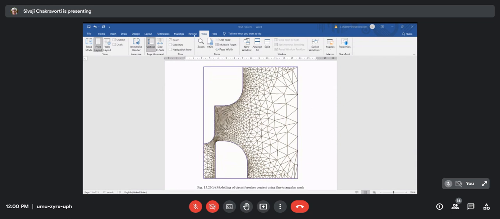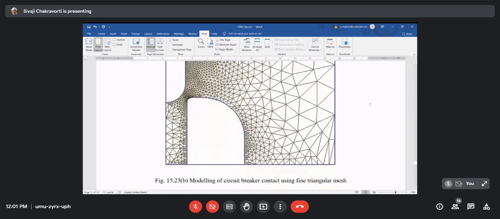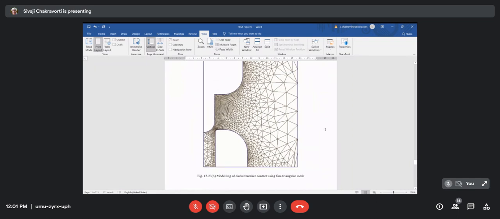Let me see how it is happening. Yeah, now you can see it a little bit enlarged. See here, it's a very fine mesh, so we are expecting good results over here. So with these mesh generators, we can of course refine it.